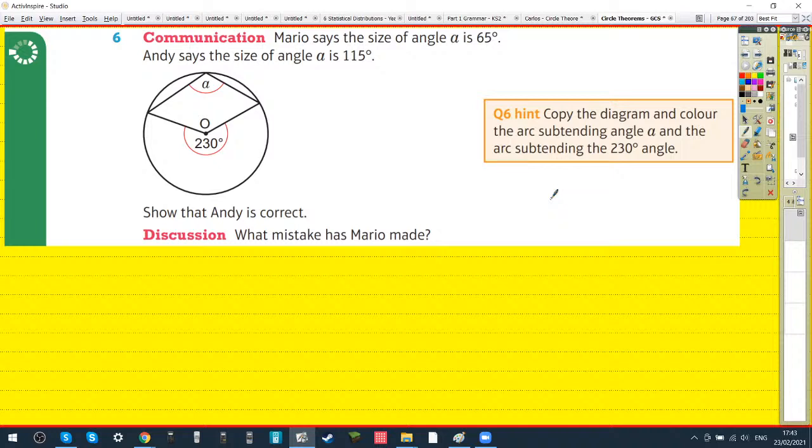Sure that Andy is correct. What mistake has Mario made? Okay, so need to find out what O is. Is A half of O? Yeah. So the other half of O is 130.